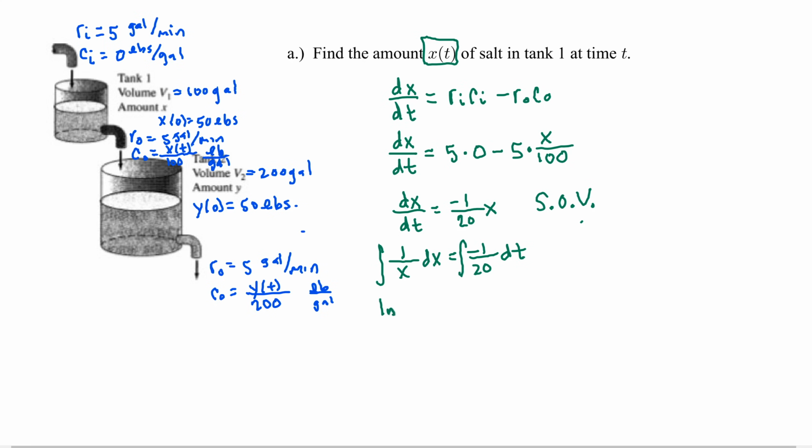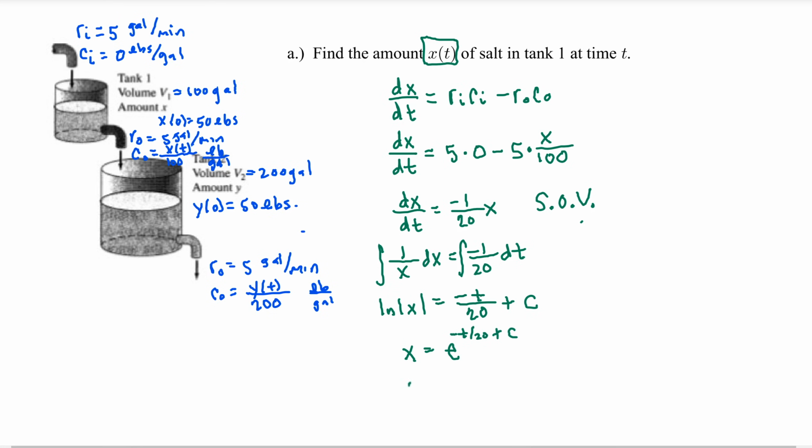We'd obtain the natural log of the absolute value of x equals negative 1 over 20 times t, or negative t over 20 plus c. Solving for x, we'd end up with e to the negative t over 20 plus c.